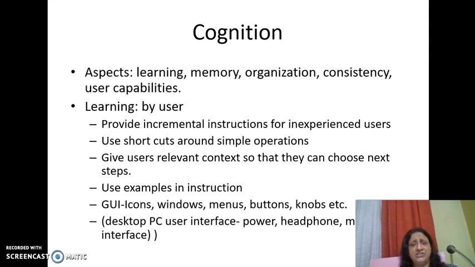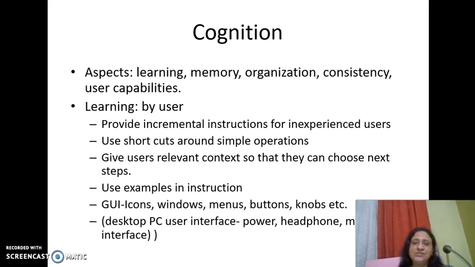Under cognition, many times it is required for the user to learn or study about various function knobs. So if learning is required, then the designer should provide learning in a simple manner. How should designers provide learning in a simple manner? They should provide incremental instructions for inexperienced users.